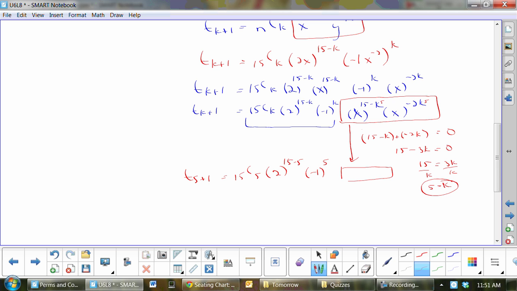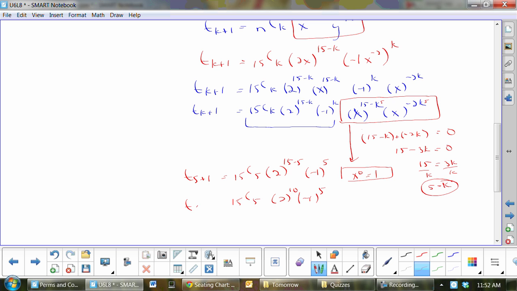I mean, maybe you want to do it again too, but this should equal x to the 0, which equals 1. So 15 C 5 times 2 to the 10 times negative 1.